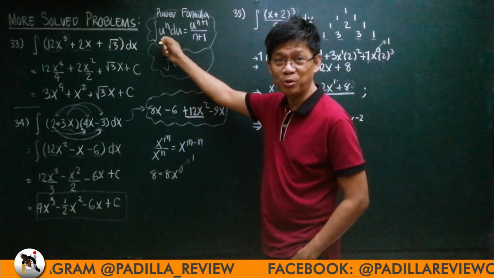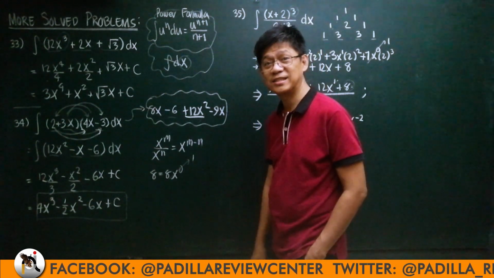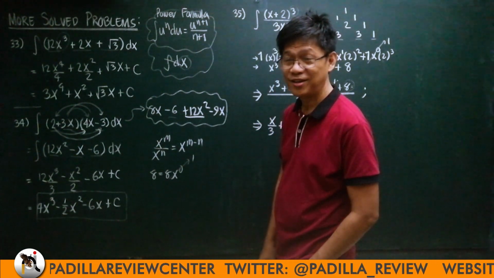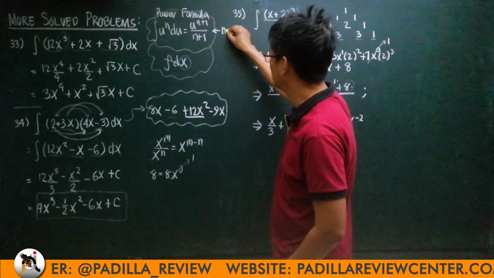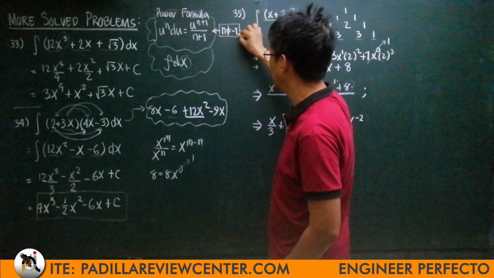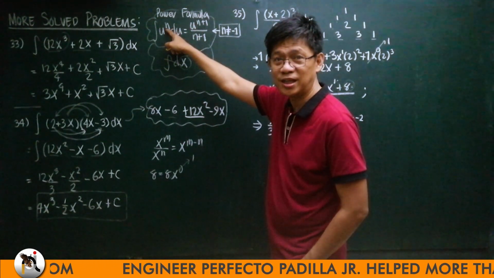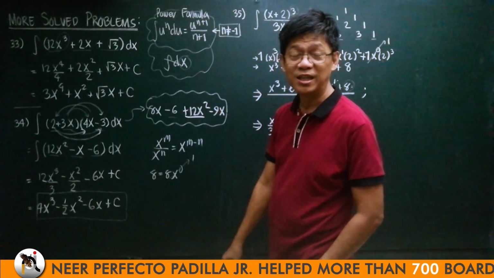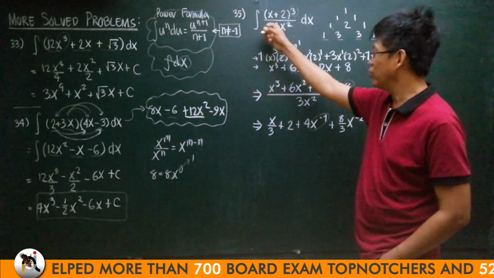The power formula doesn't apply if n is equal to -1, no? So in here, n should not be equal to -1. Any number will do but not -1. If n is -1, this will be expressed in terms of du over u. You follow? Okay.